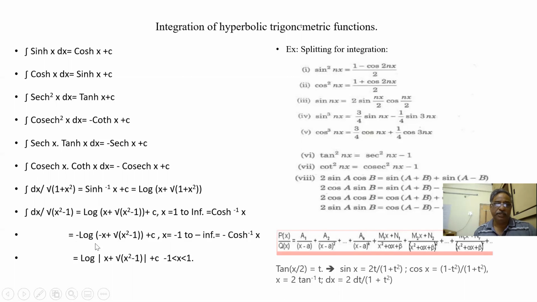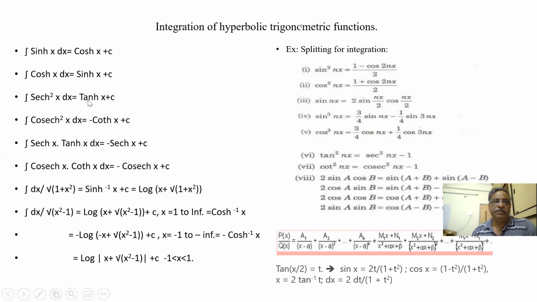If it is from 1 to infinity, and for minus 1 to minus infinity, it is minus log of minus x plus square root of x square minus 1 plus c. If it is between minus 1 to plus 1, log of x plus square root of x square minus 1 plus c. Same. So for three ranges, three formulas are given. This is cosh inverse x, this is minus cosh inverse x. So this is based on the hyperbolic section, which we'll be using in solving the problems.